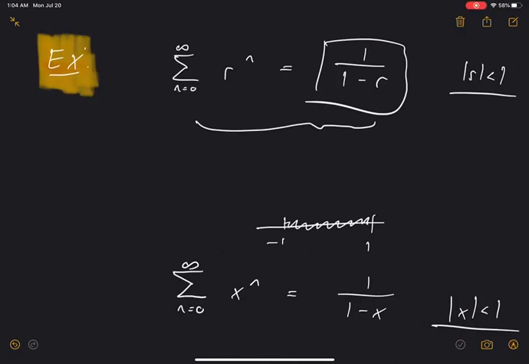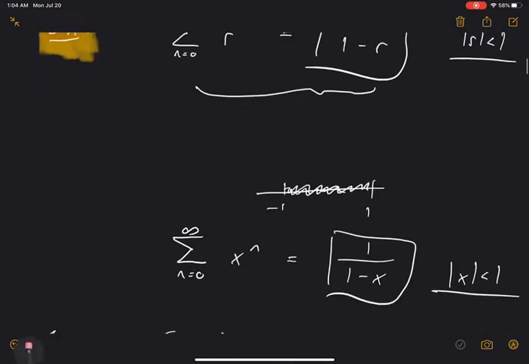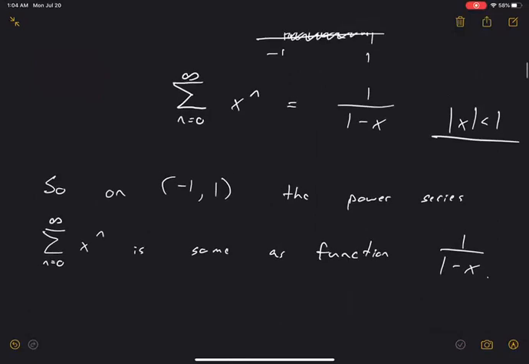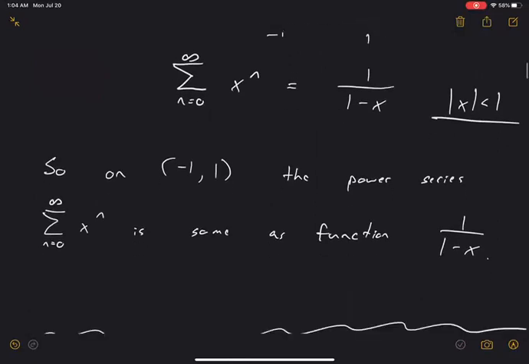And when it converges, this power series is equal to this. So on that interval -1 to 1, this power series, x to the n, is the exact same as this function, 1 over 1 minus x.